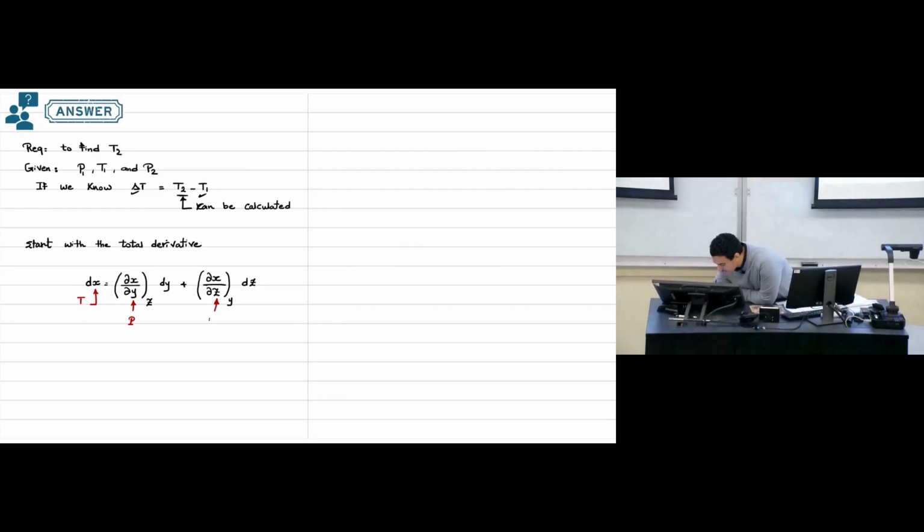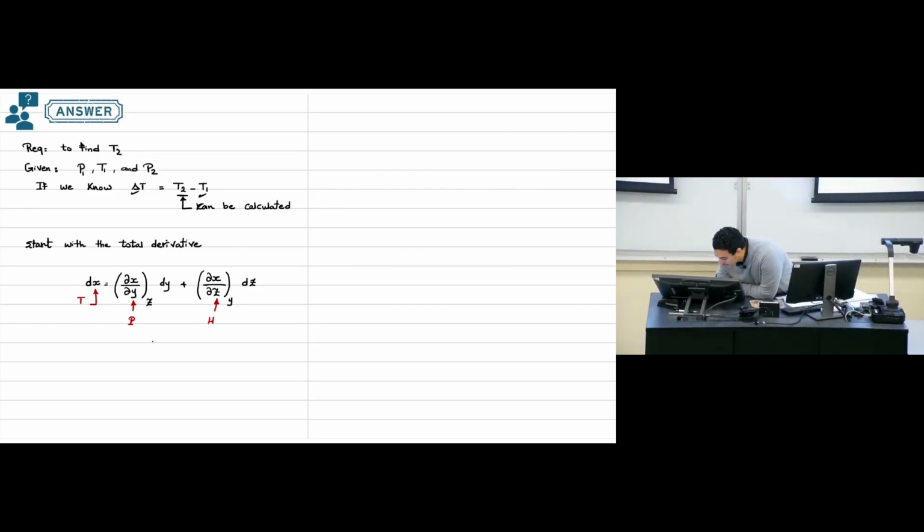So Z we will select to be enthalpy, because we know that expansion in a valve occurs at constant enthalpy.